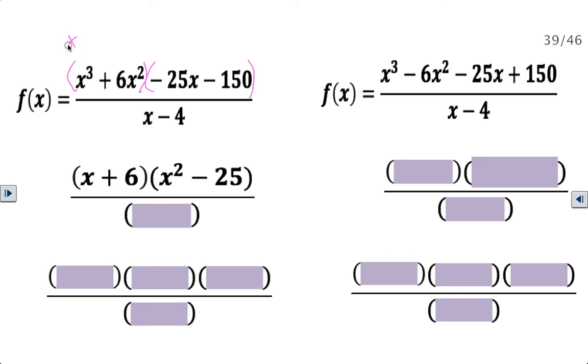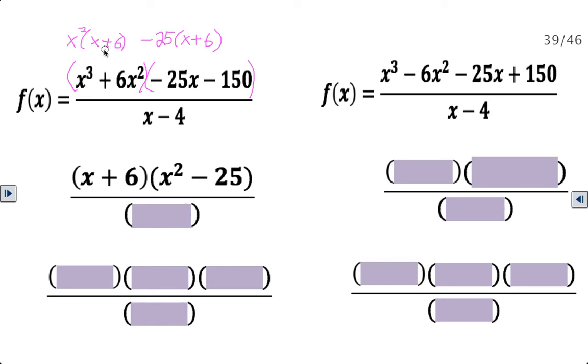So you can factor out an x squared here, and you're left with x plus 6. Then look at these two sections and see what you can factor out. In this case, we can factor out a negative 25, and you're left with x. Negative 150 divided by negative 25, believe it or not, is a positive 6.